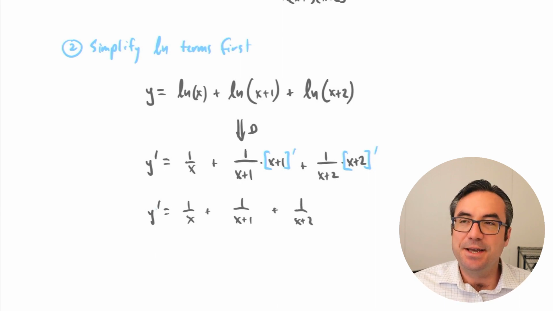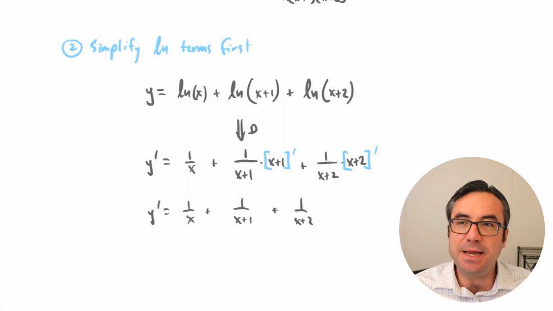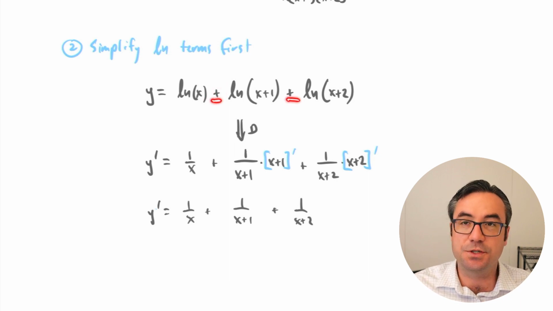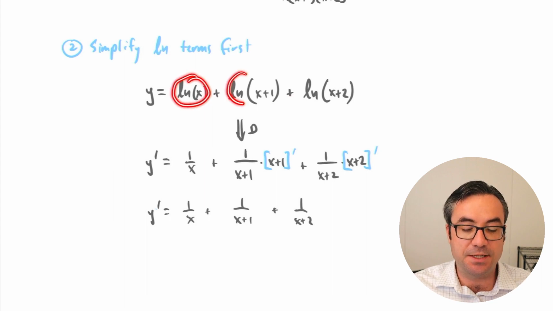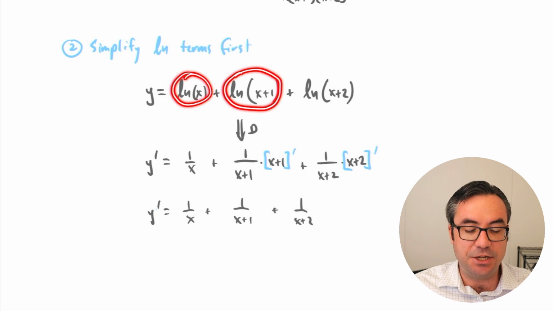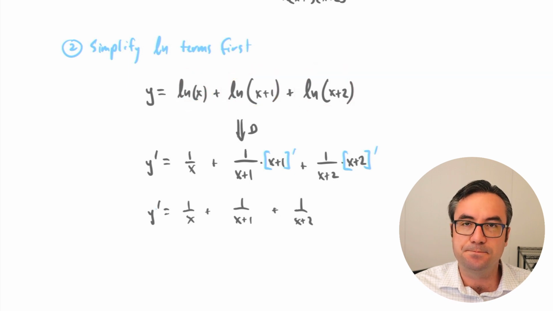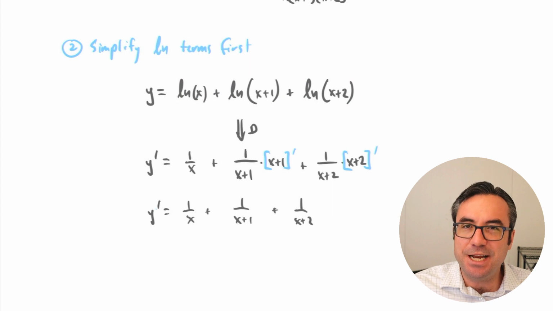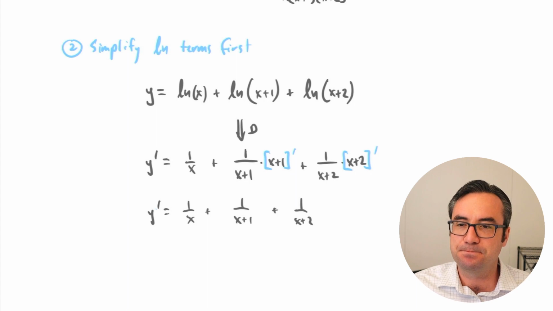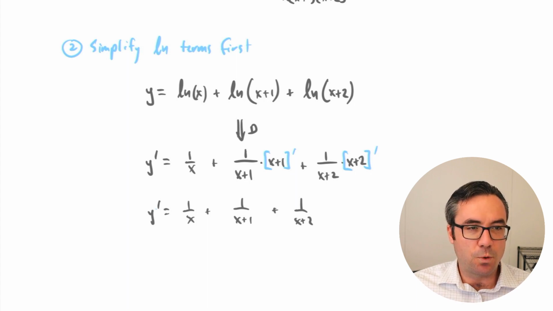And so this is why using those log properties can be helpful for more complicated derivatives, because once we convert that multiplication into addition or subtraction, the differentiation process is much easier when we have addition and subtraction signs, because we can just focus in on differentiating each of those individual terms on their own. It's when we have multiplication and division, that's when things get complicated, because we have to use our product and quotient rules.